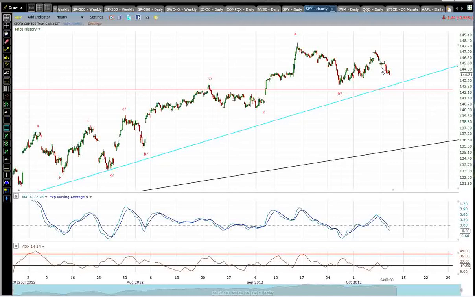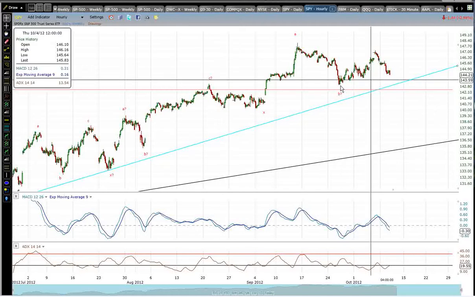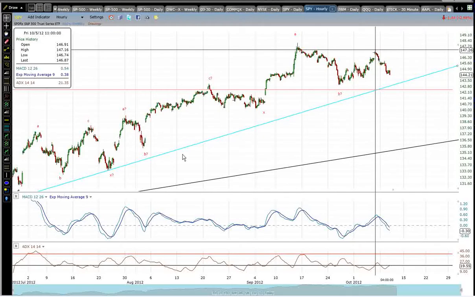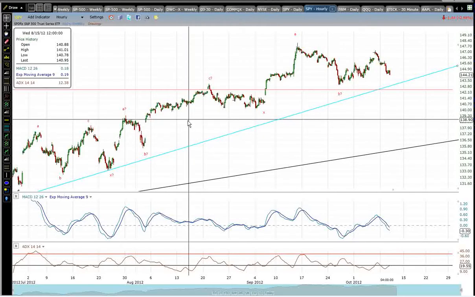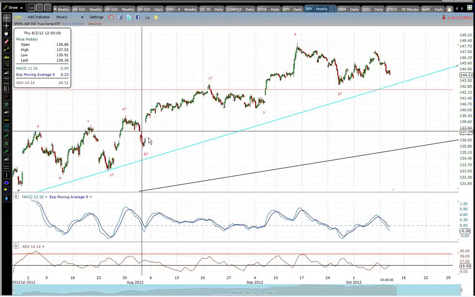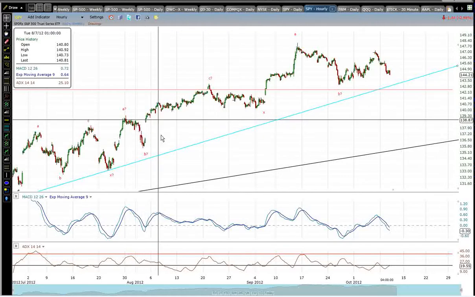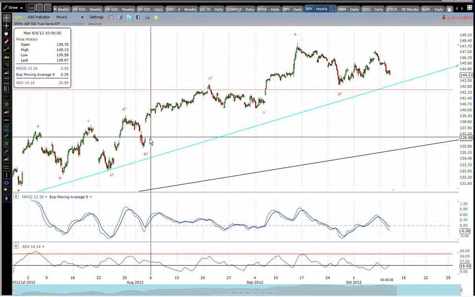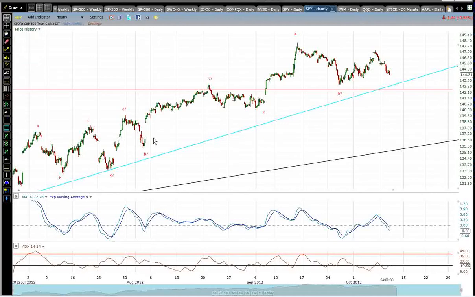What I would look for is shorting on a break of that low with a stop here, and look for a minimum move down to fill this gap up here. I think that would be the likely minimum chart target, based off of the size of this lower swing high, a double top type of formation. So that would be an initial target to cover at least part of the short position at a fill of that gap level.